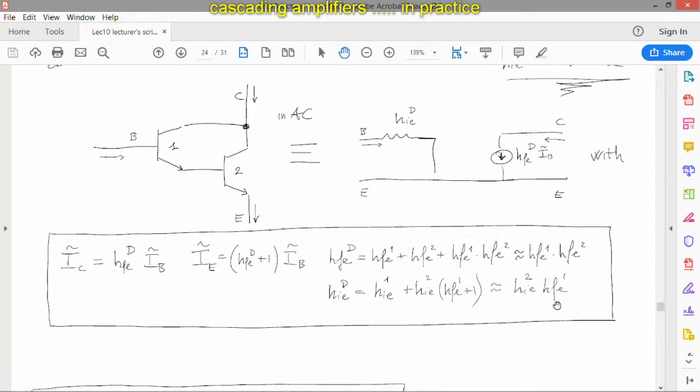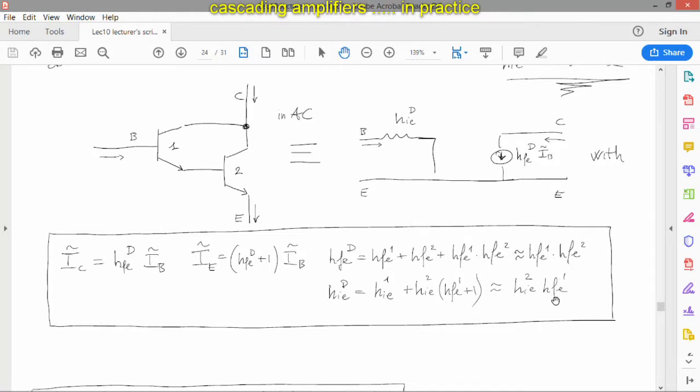What I see is that the Darlington pair not only has a huge current amplification, both in AC and in DC, but also the Darlington pair has a very large what? hIE_D is the input impedance of the model, and it is hIE2 times hFE1.